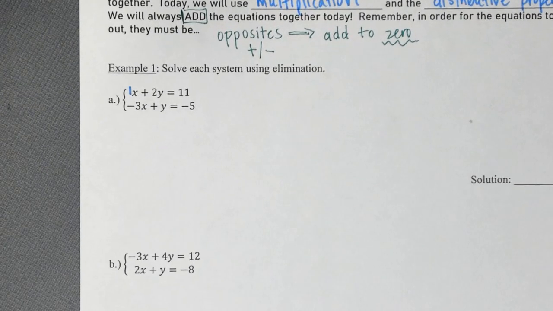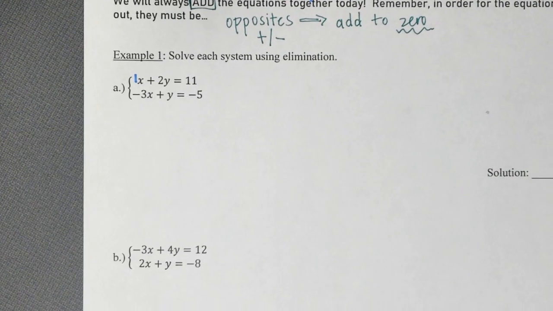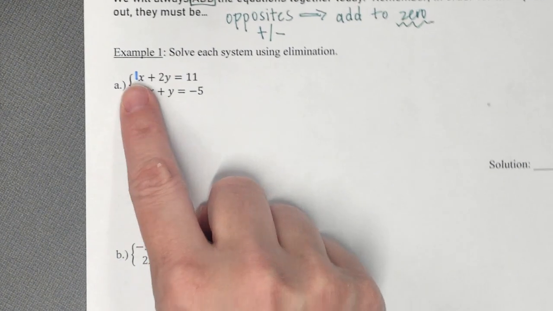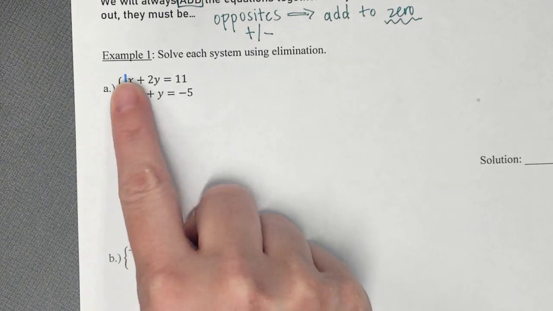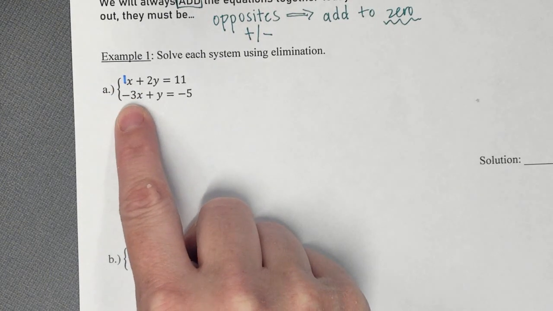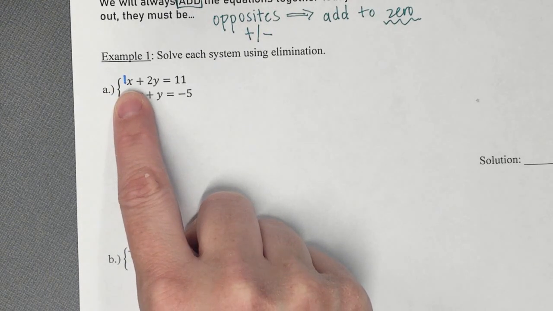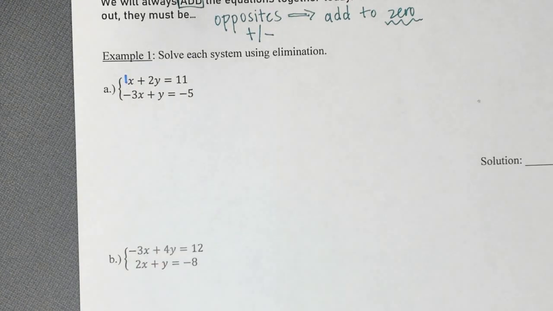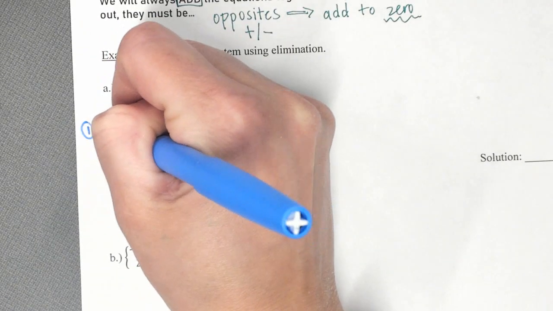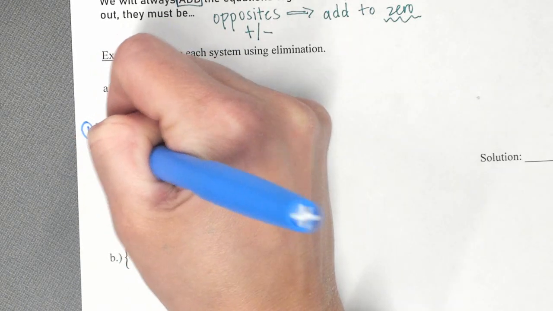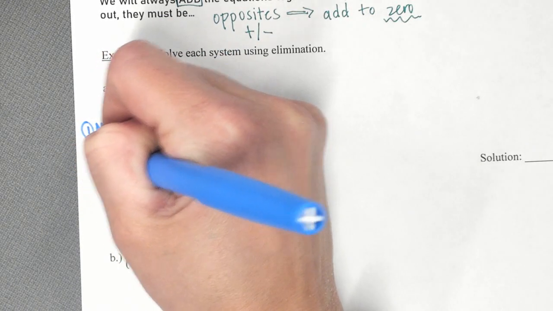So I'm going to pick for the first one. I'm going to say we're going to eliminate the x's. So if I want these to be opposites, this is -3. What would this have to be? +3. Good. Okay, so step 1, we're going to multiply to get opposites.